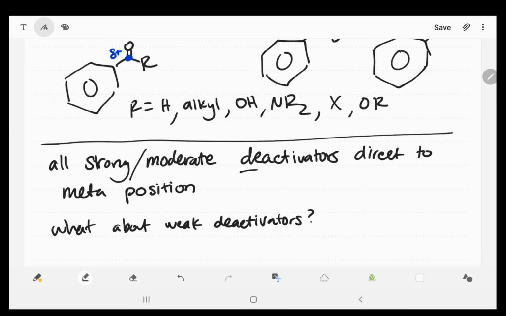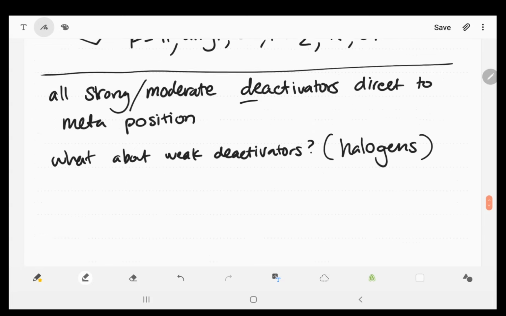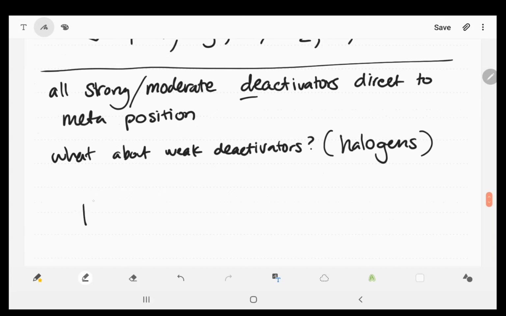These are going to be our halogens, our halogens directly on the ring. We know that halogens are electron withdrawing, right? These are electronegative. They're going to want to withdraw electron density towards themselves, right?